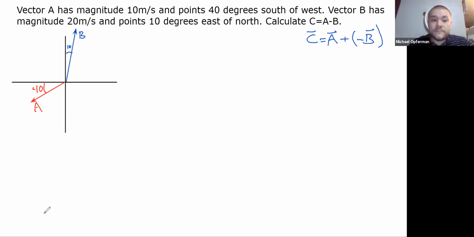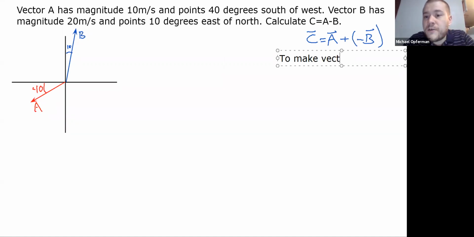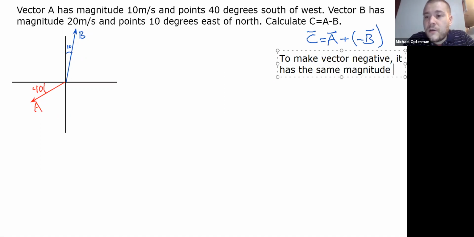And the answer is, to make a vector negative, let me actually write this down because this will be semi-important. So to make a vector negative, it has the same magnitude but opposite direction.